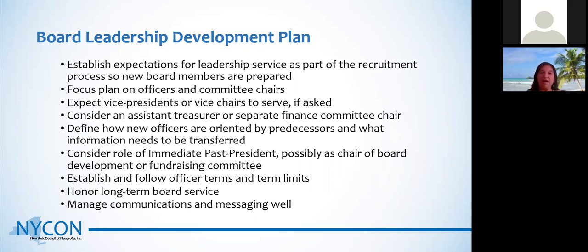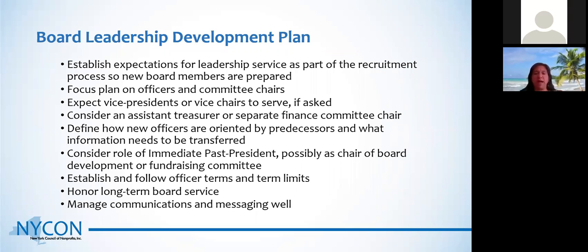You want to think about succession planning for officers and committee chairs. So who's going to be, making sure your vice president is going to become president. Don't just put someone there who isn't going to be, or make sure you have a plan B. For committee chairs, maybe someone else on the committee is a vice chair or assistant chair, or just being groomed.